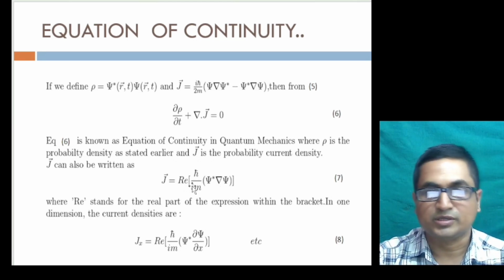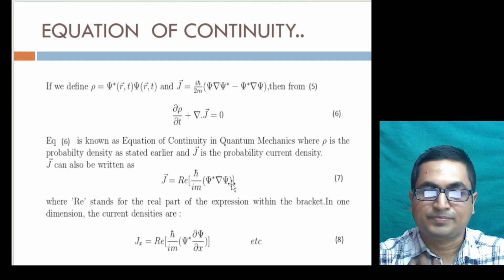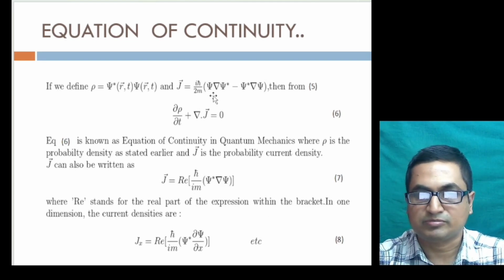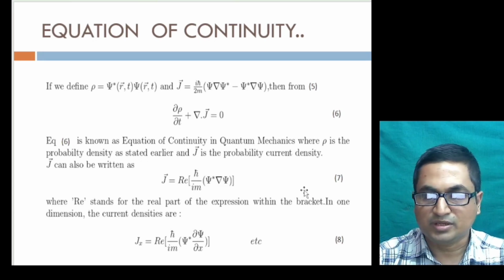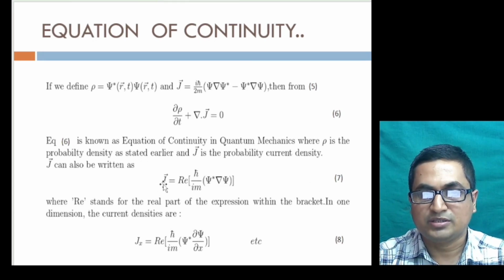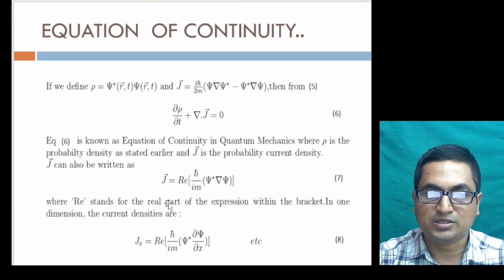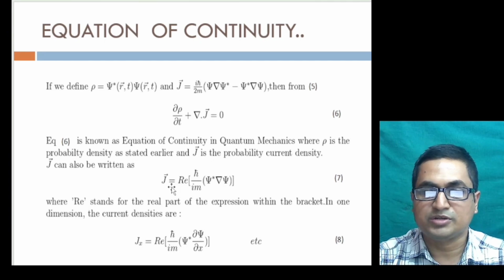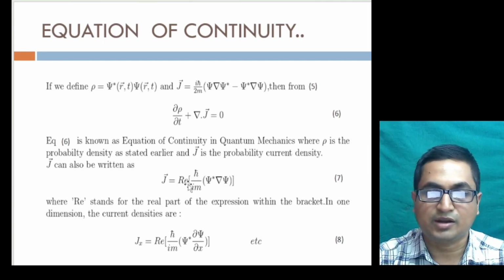If we break up these things, it will again give us this quantity. So 7 is the definition of the probability current density in quantum mechanics, and it is always a real quantity, and that's why we are putting Re here.